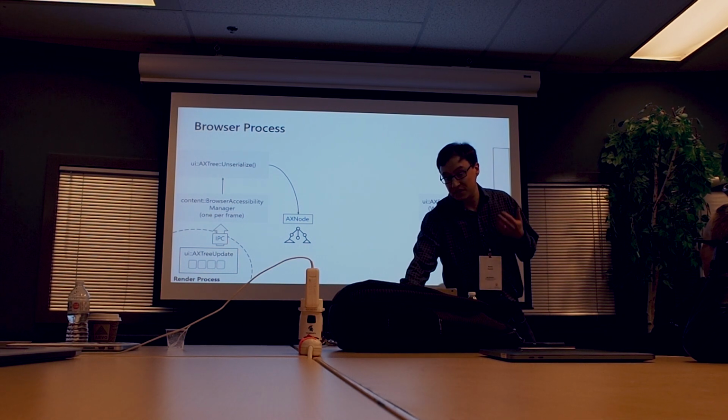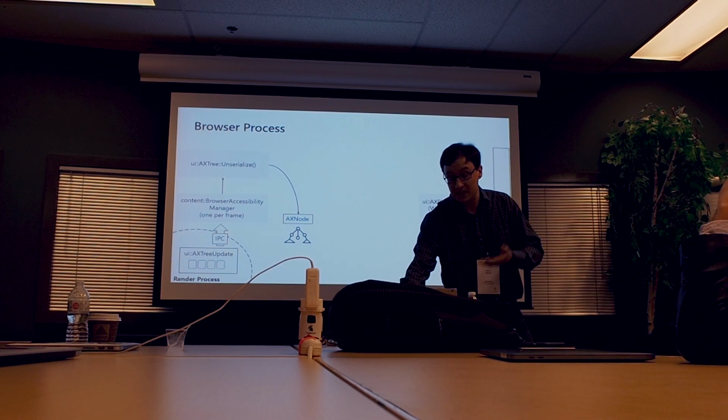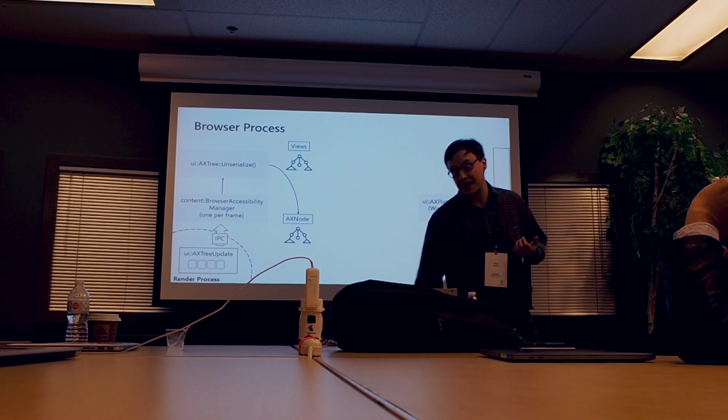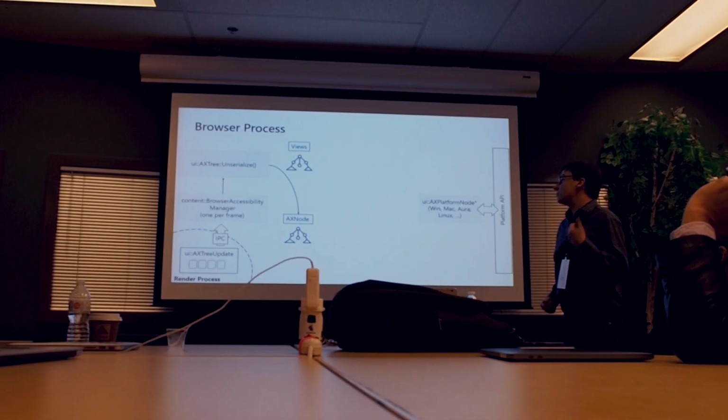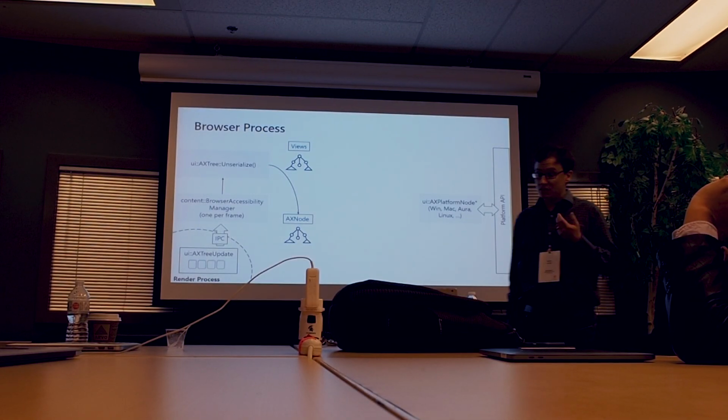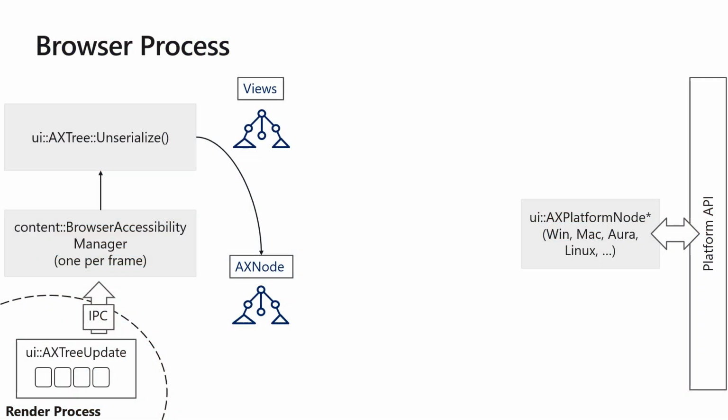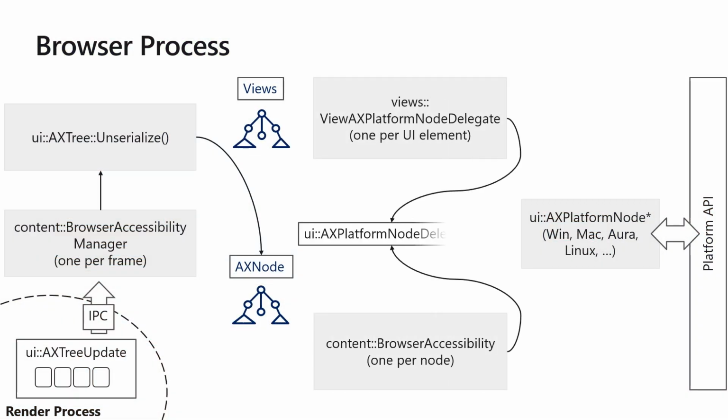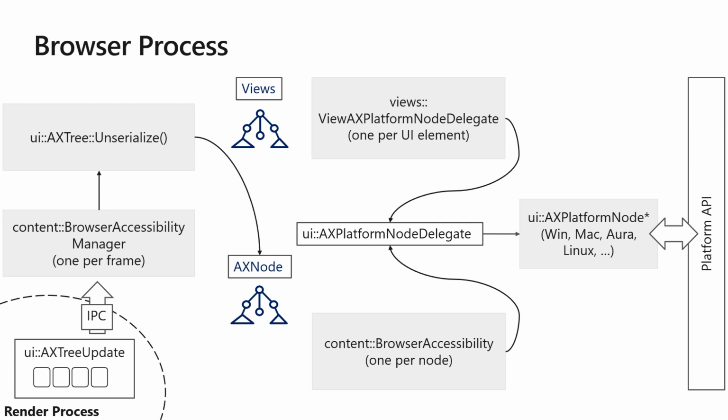But the platform node doesn't talk directly to the AX node structure, and the reason, once again, is views. We have to represent the browser UI as well in our accessibility tree. And so to do this, the platform node talks to a delegate interface, which has the same implementation. It's an abstraction implemented both by browser accessibility for web content and View AX platform node delegate.